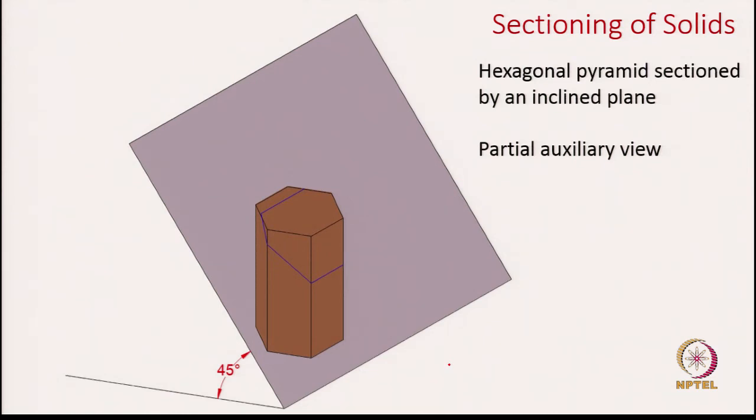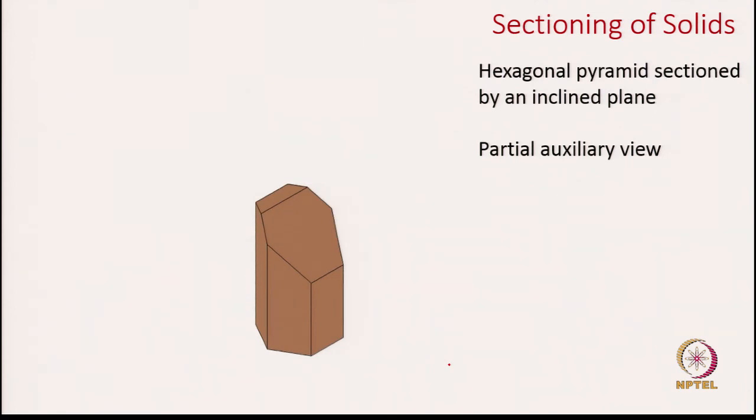Let us focus on the bottom piece, and I am more interested in capturing the cut surface. I want to know the true shape and size of the cut surface. How do we get it? For this we can use the auxiliary views that we discussed in the last 2 slides. We just need to follow the same procedures to capture this true shape and size.